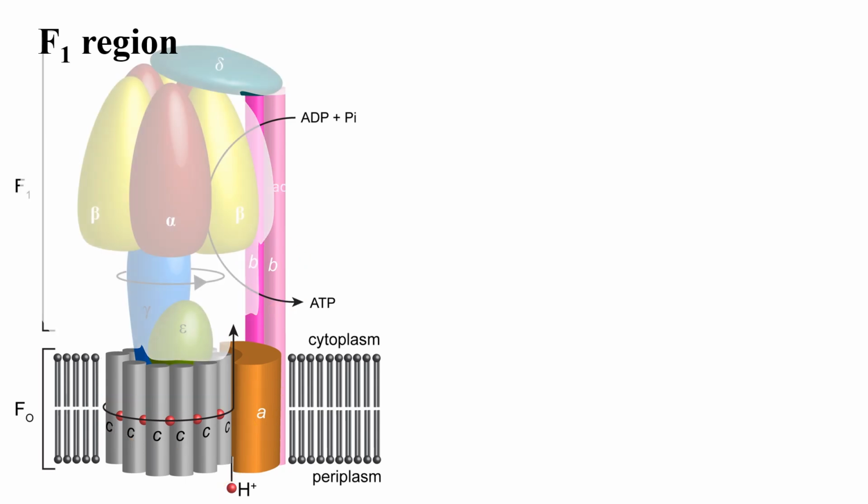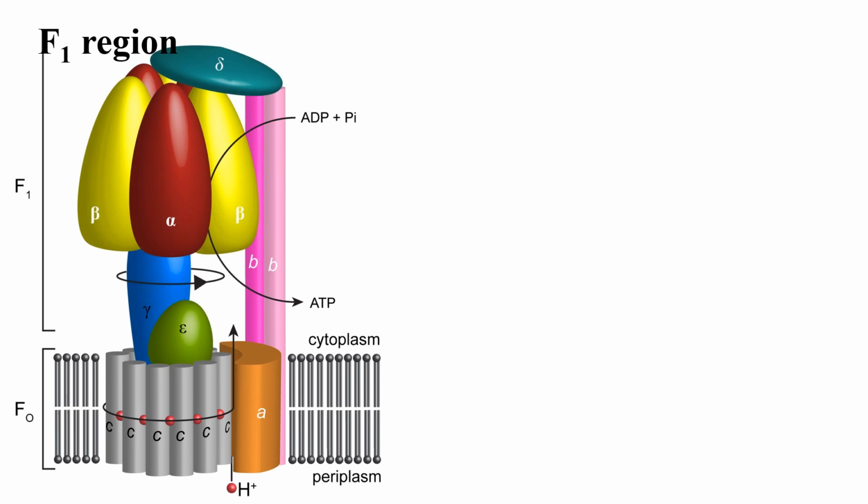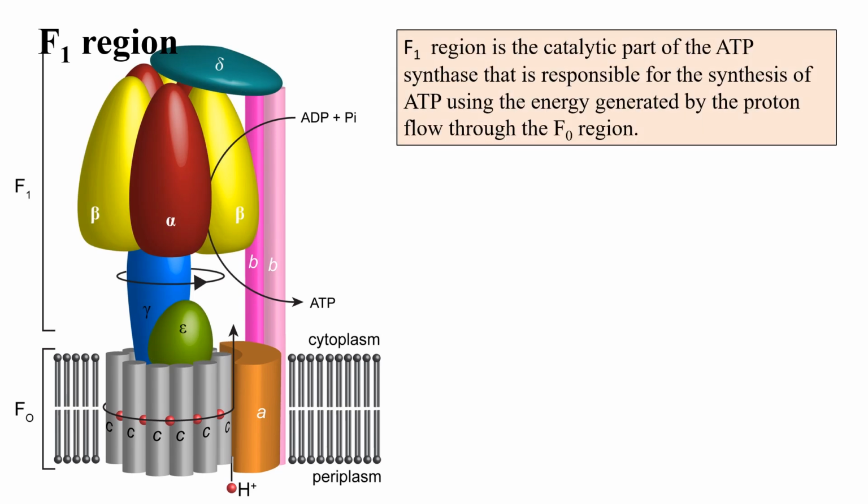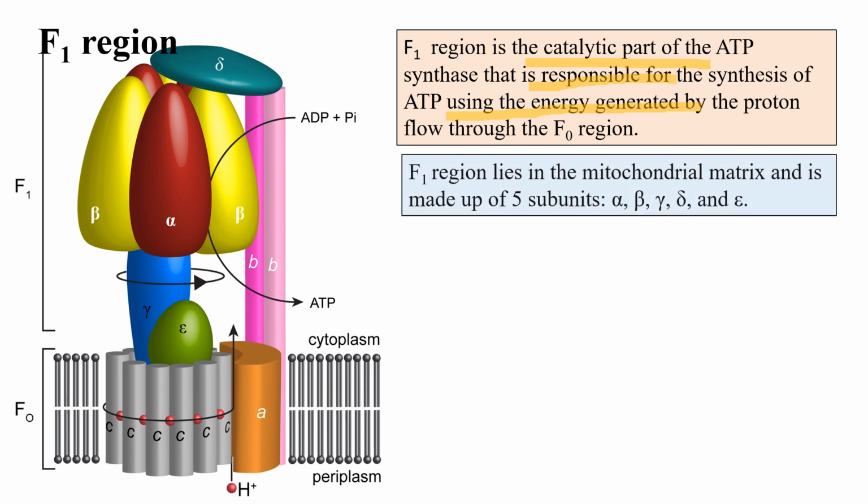Now we discuss the F1 region of ATP synthase, which is this, and the F1 region is the catalytic part of ATP synthase, responsible for the synthesis of ATP using the energy generated by the proton flow through the F0 region.